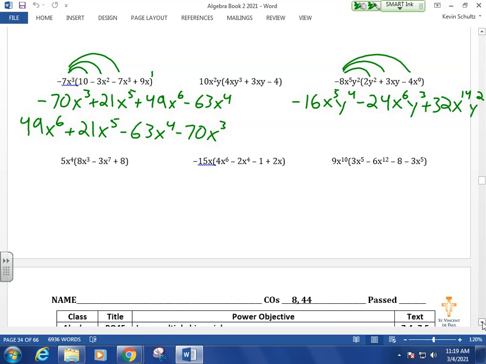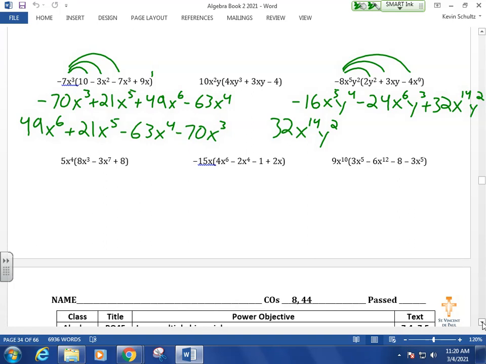And I wanted to do this one in particular because standard form is a little bit funky here. Which term of those 3 would you predict goes first? Evan? 32x to the 14th. Yeah. We didn't name it yesterday, but every monomial term has a degree to it, and the degree is the number of its power.